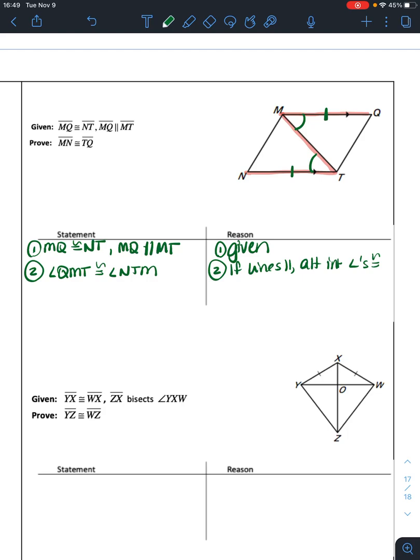Remember, we're always going with, okay, what do we have, what do we know, and where does that take us? And so this piece right here takes me here. I already had a congruent side. Now I have a congruent angle. I need something else. I don't have anything else in my given. I used that, and I look and see if I've got anything else. Well, I notice these two triangles are back to back. That means MT is congruent to MT. That's the reflexive property.